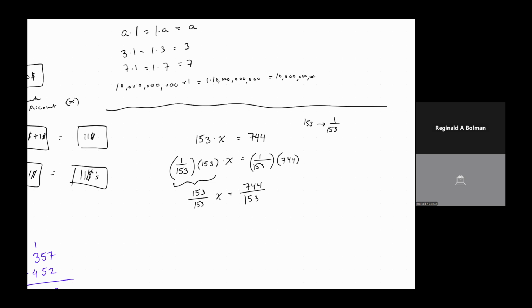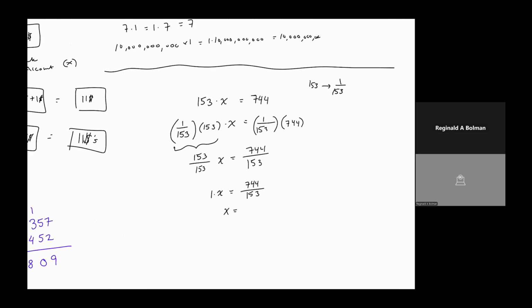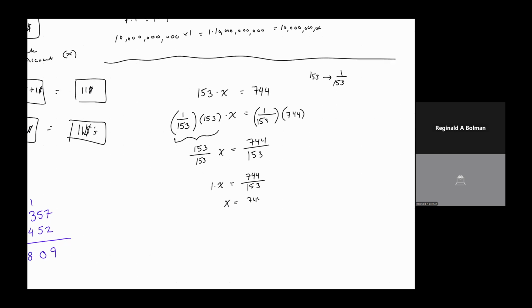So 153 divided by 153, that just gives us 1. And then on the right side of our equal sign, we've got 744 over 153. X times 1, of course, being x, and I get x is equal to 744 over 153. And that is our answer.